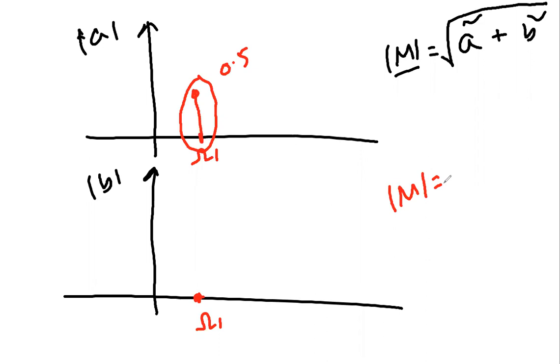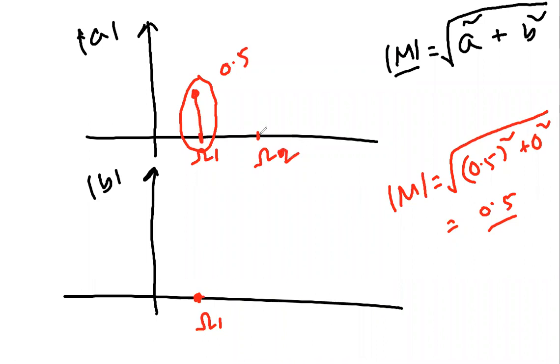Do you have any component from omega 1? The answer is yes, because you have the square root of 0.5 squared plus 0 squared. So that means it is 0.5. You have the magnitude component, and that is 0.5. If you have something like this for omega 2, you have 0 at the real part, but at the imaginary part you have some value like 0.4.